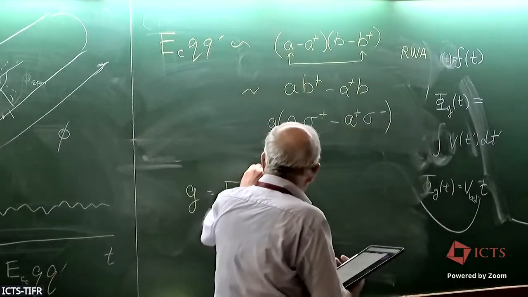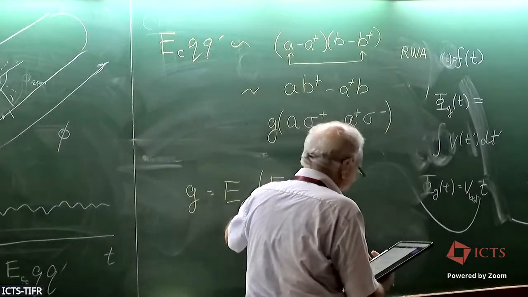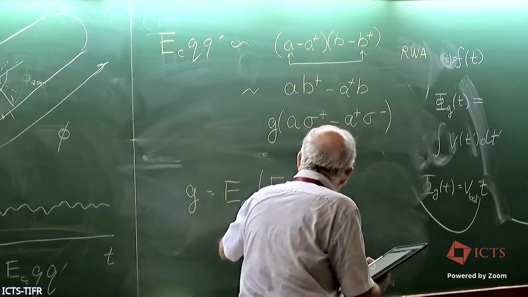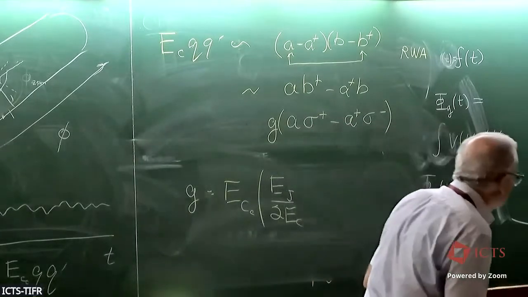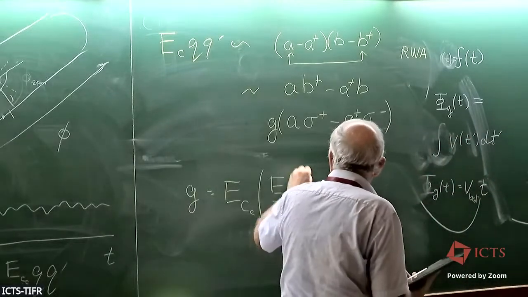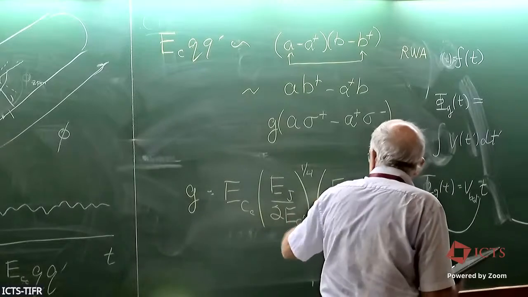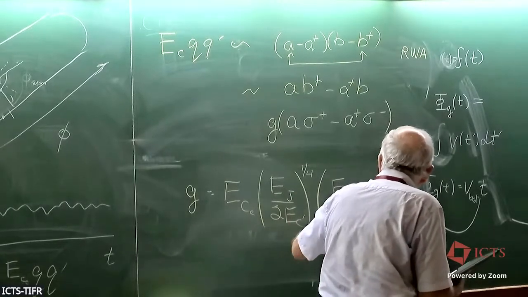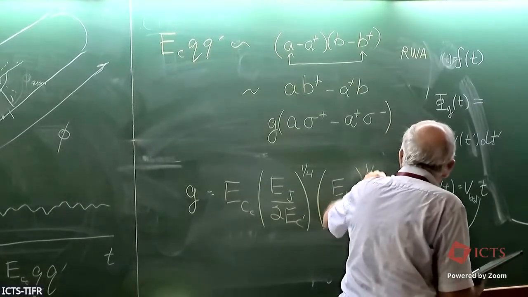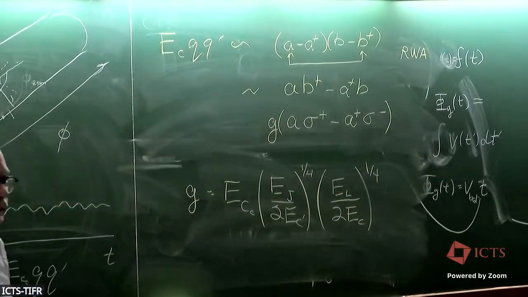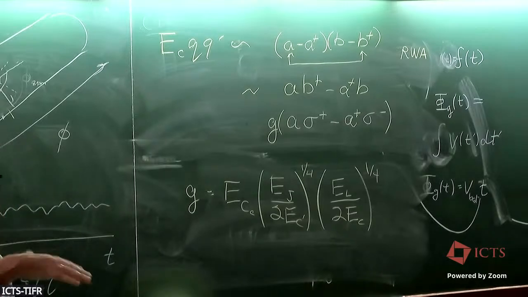But then it has factors, so Ej over 2Ec, and is that the one I used the prime for or not? Yes, so prime, not surprisingly, 1/4 power, El over 2Ec, again to the 1/4 power. So yes, a complex formula, but directly bringing you back to the circuit theory.